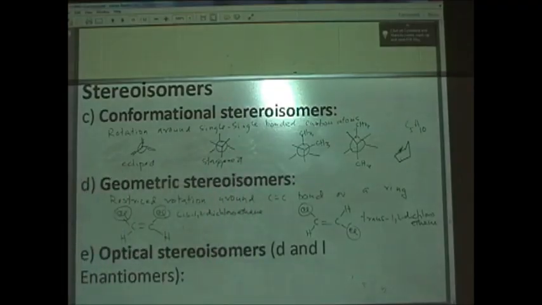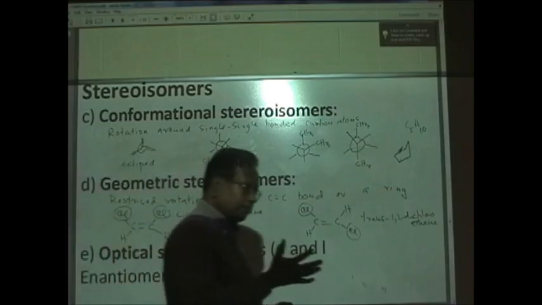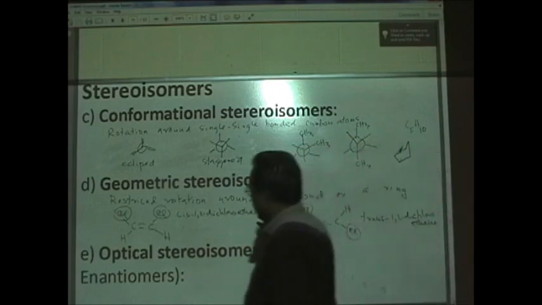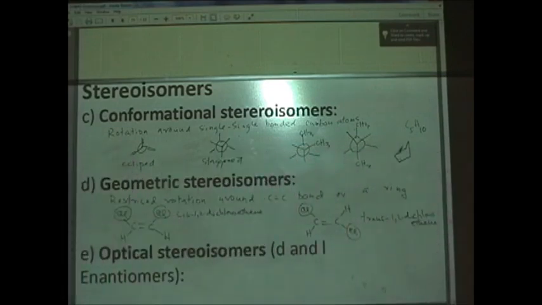Now you can identify that if you have a double bond and 2 different structures, that means geometrical isomers. For a ring, you have restricted rotation, then it's geometrical isomerism or stereoisomerism.